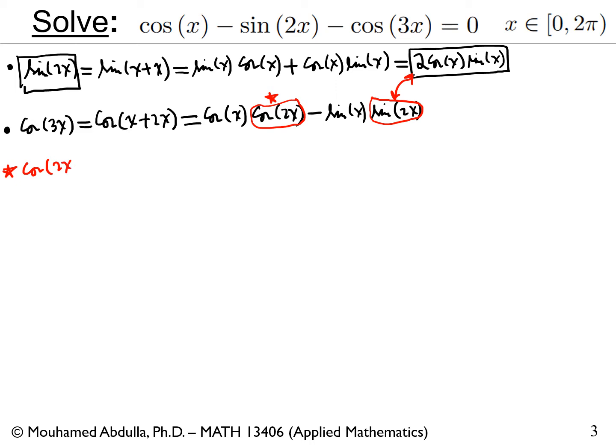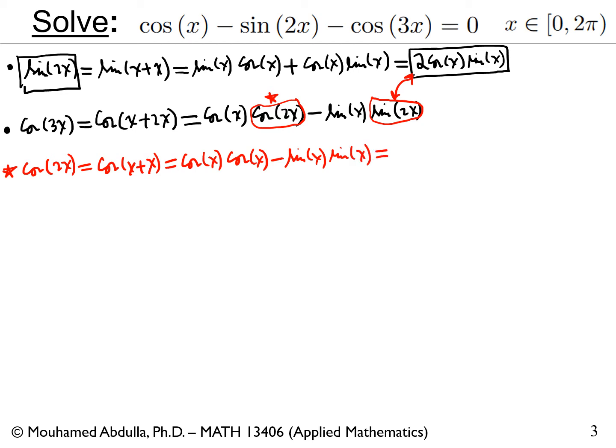So cosine of 2x is the same thing as writing cosine of x plus x, which is cosine of the first angle, x, cosine of the second angle, x. We're doing a plus, so we put a minus, sine of the first angle, x, sine of the second angle, which is also x.